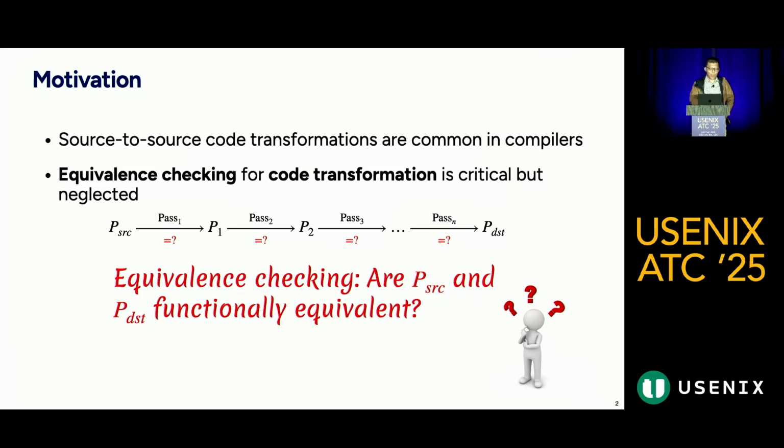Along the optimization chain, if a bug is generated without formal verification of the compiler optimization, we may not even notice it. So how can we verify that the compiler performs correct optimization?